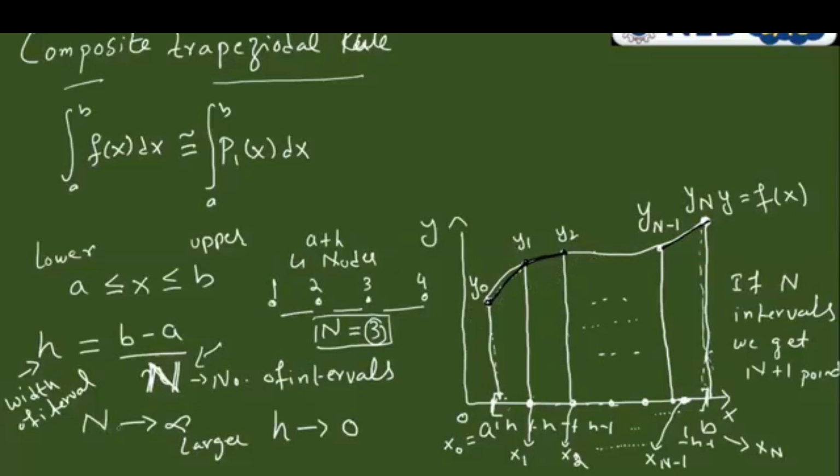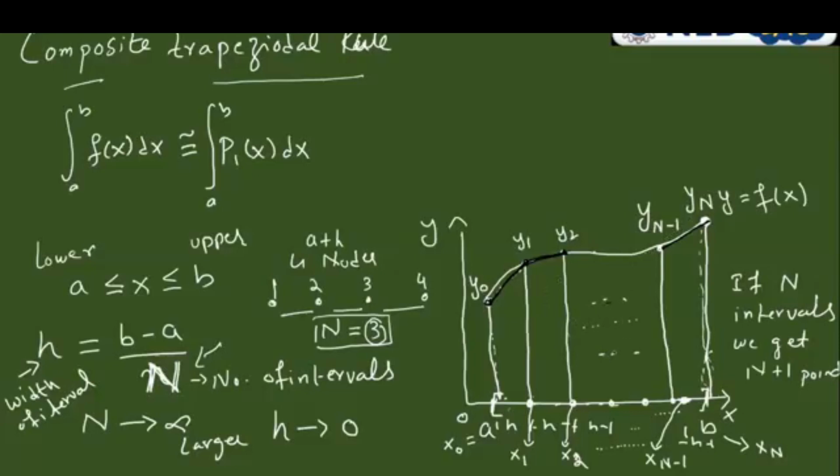We can increase the number of intervals, because then h decreases, which means the point situated at distance h will move closer, so we will have a y1 somewhere there. So the curve is much better reflected. So we can increase the data set, but keep in mind, the number of data points will increase as well. This is one of the reasons we do not always do this, but this is how it works.